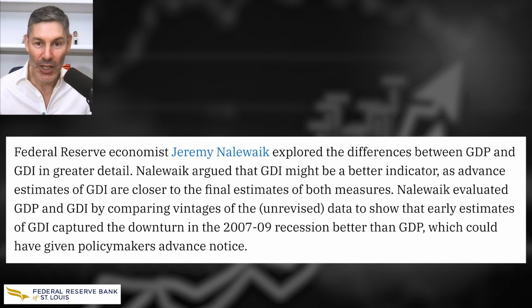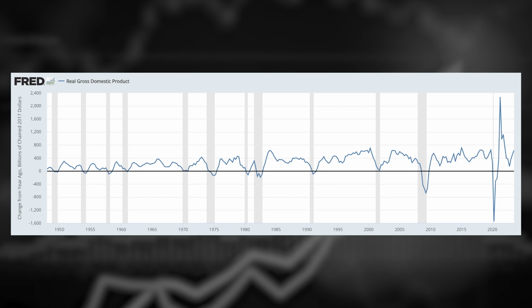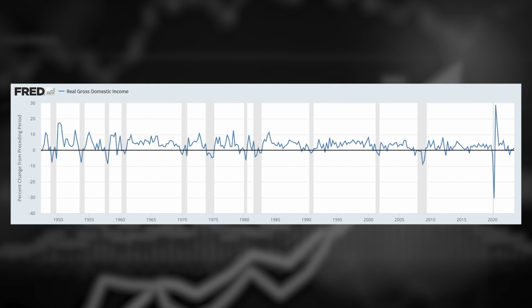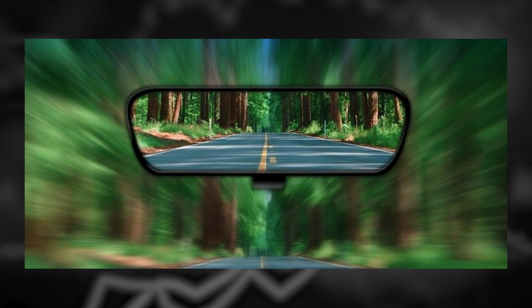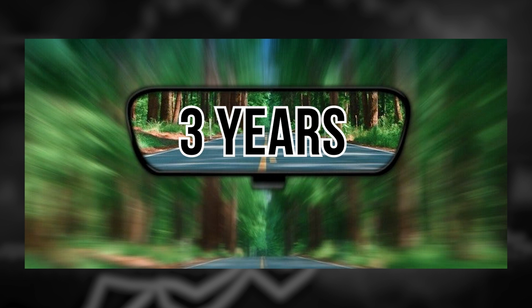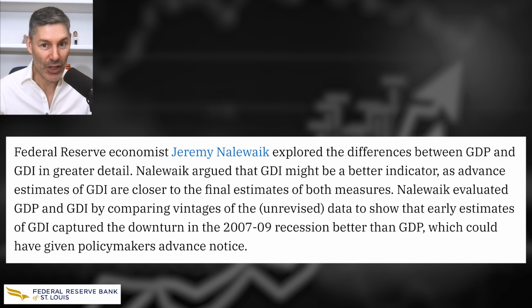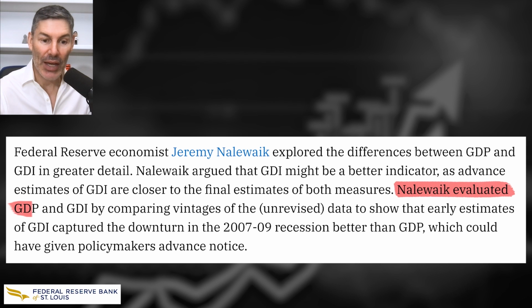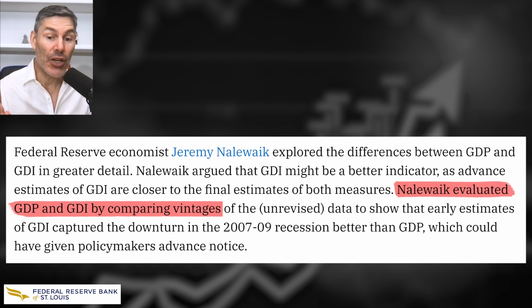So why are we even looking at GDP when we should just be focusing on GDI? Because there's a very high probability that when we look back on this time in a year, 2, 3 years, we're going to say to ourselves, oh yeah, GDI was right, GDP was wrong. Getting back to the post, Nowak evaluated GDP and GDI by comparing vintages of the unrevised data.